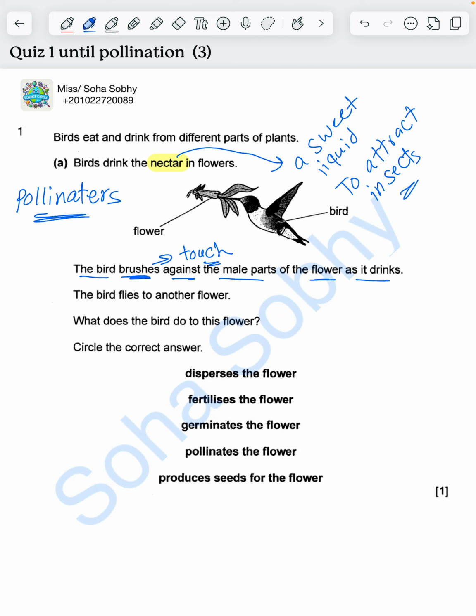So here, what does the bird do to this flower? The bird pollinates the flower. What does it mean by the word pollination?